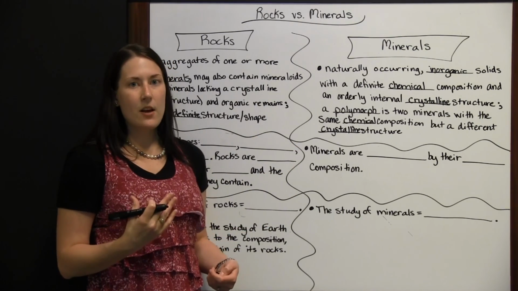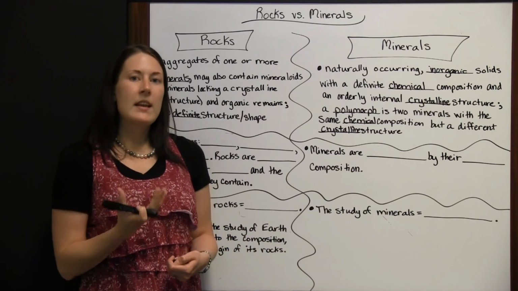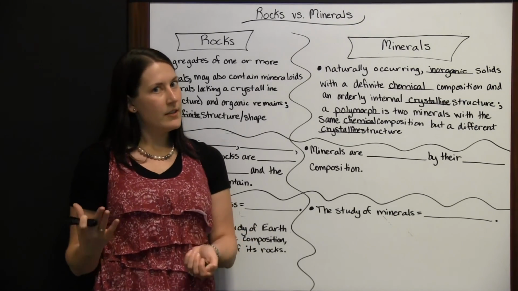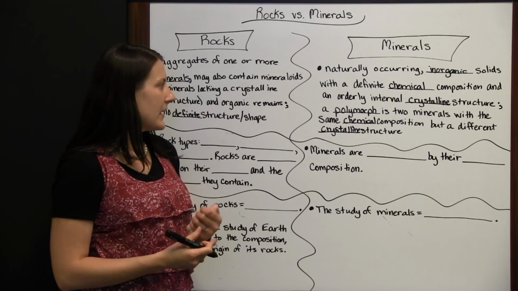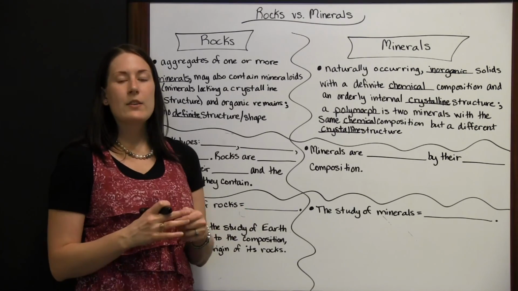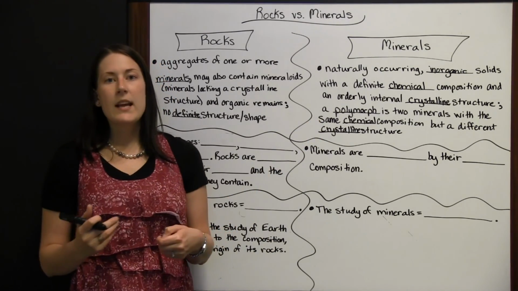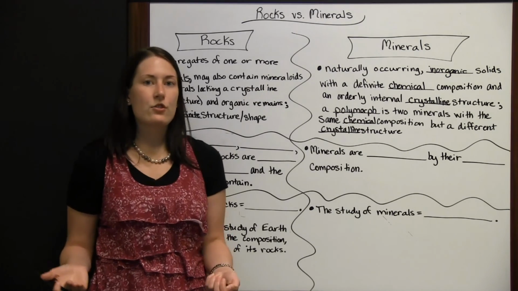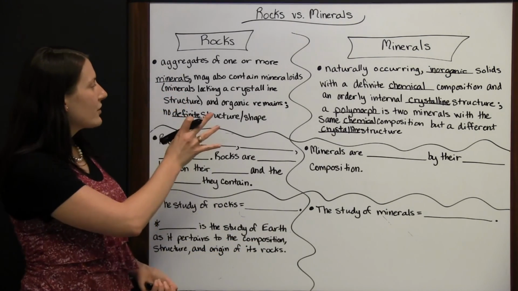And at that basic atomic level, if the crystalline structure is different, what you're able to see with the naked eye is going to appear different. And even if it looks like two different minerals, it isn't going to be the exact same. It'll be a polymorph of the other because it doesn't have the same crystalline structure, even though it has the same chemical composition.